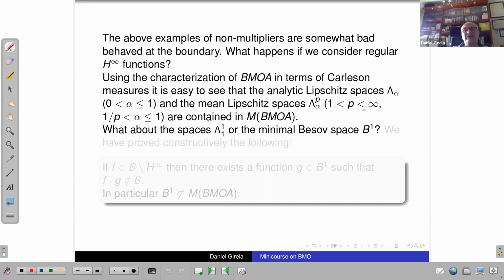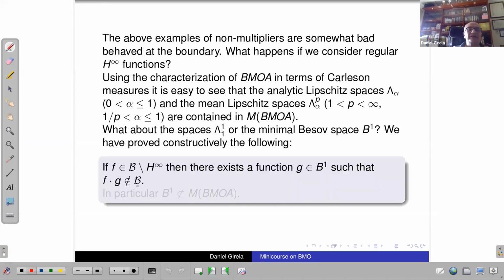I guess a year ago or so, I was able to prove that if we have a non-bounded Bloch function, then we can take a function F in this minimal space such that the product F times D is not a Bloch function. So in particular, this smaller minimal space contains functions which are not multipliers, but these are, let's say, constructive examples.